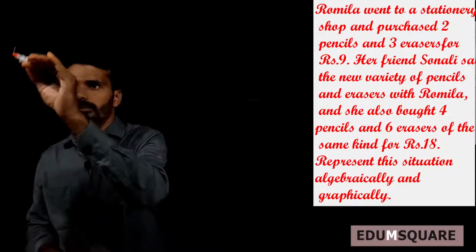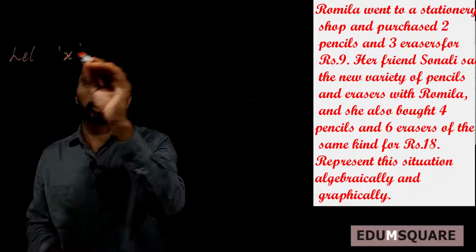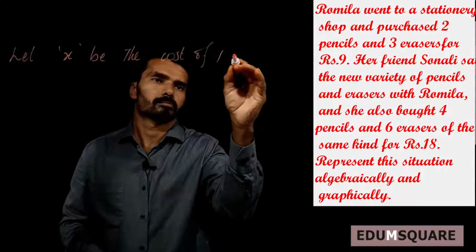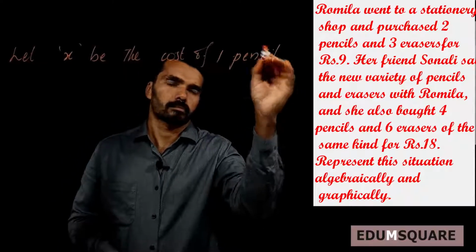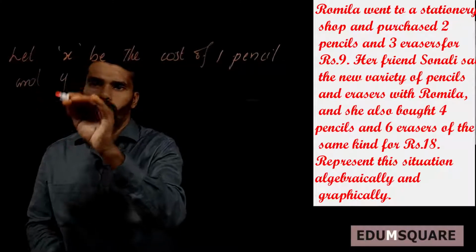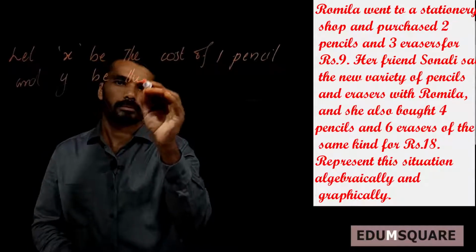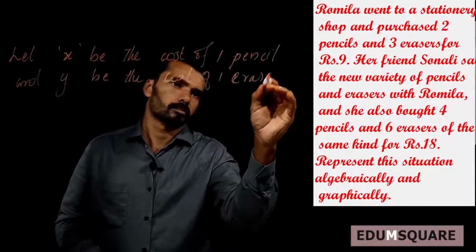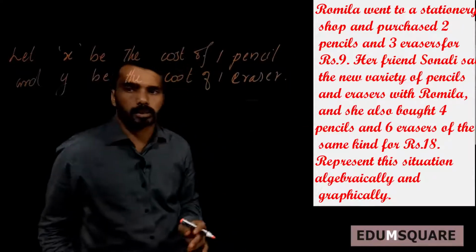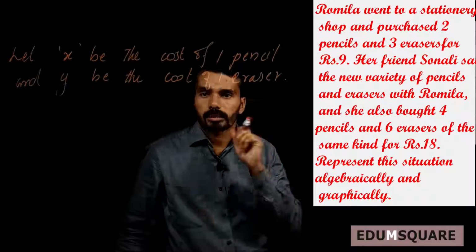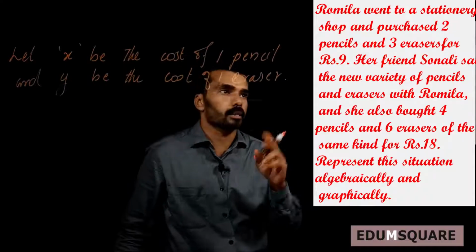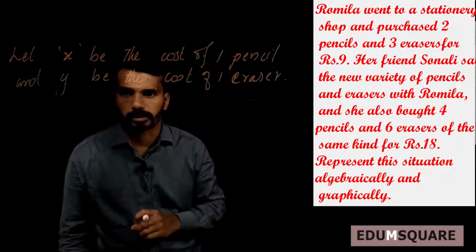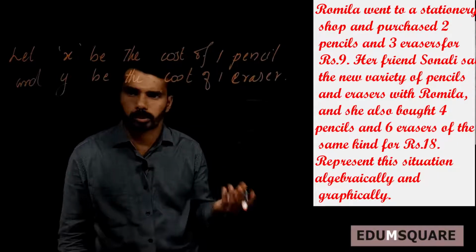Okay, so let x be the cost of a pencil and y be the cost of an eraser. Now let's see the question. What is given there? Yes, Romila bought 2 pencils and 3 erasers for ₹9. Here we took x as the cost of 1 pencil. So what is the cost of 2 pencils? 2x.